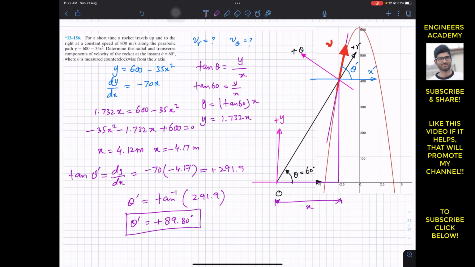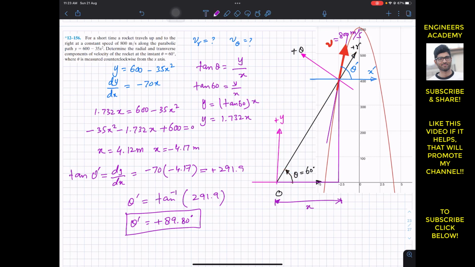So now we know that this velocity is 800 meters per second, and it is making 89.80 degree angle with the horizontal. And we know that this radial axis is making angle 60.